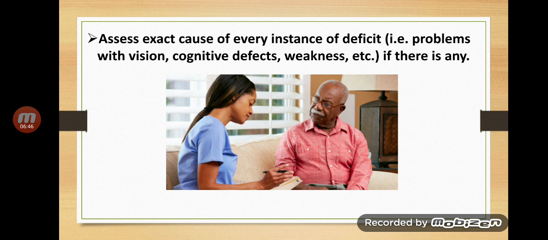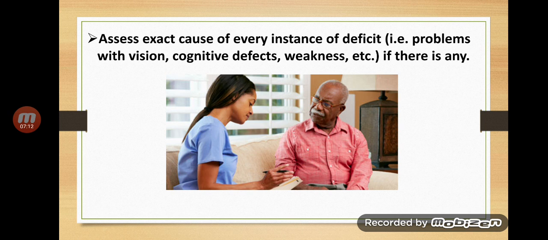So if they are unable to do certain things, then we have to assess the exact cause why they are unable to do this. For example, if the person cannot eat, then we have to try to find out what the main cause is, why the patient is unable to eat.